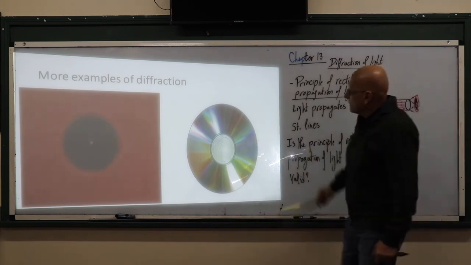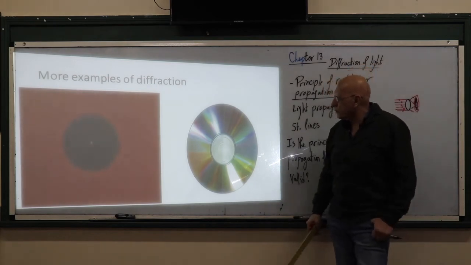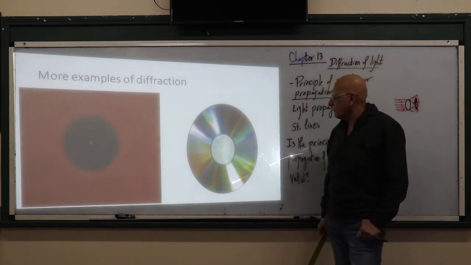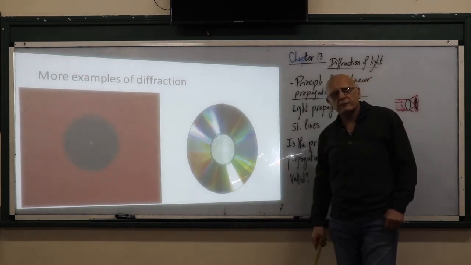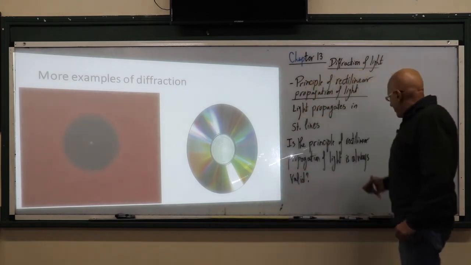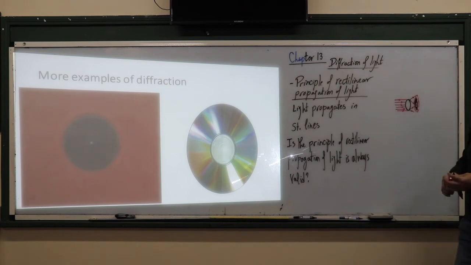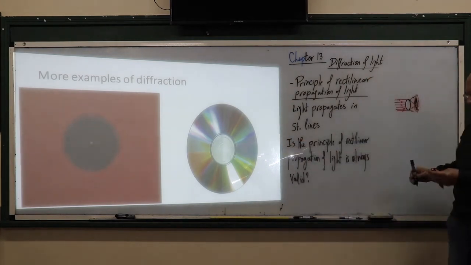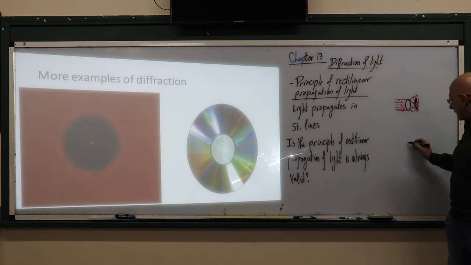Look at the CD here. All of us, when we look at the CD, you observe these colors. How do these colors come about? Also, let's explain this phenomenon. You know that the disc is made up of a spiral grooved track.